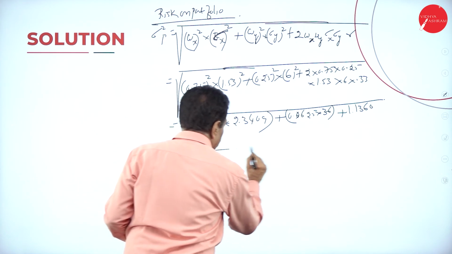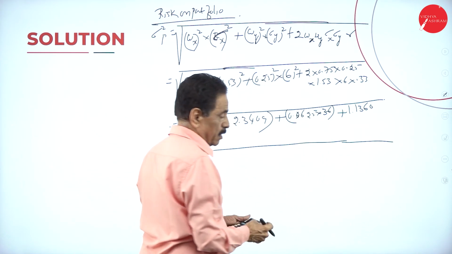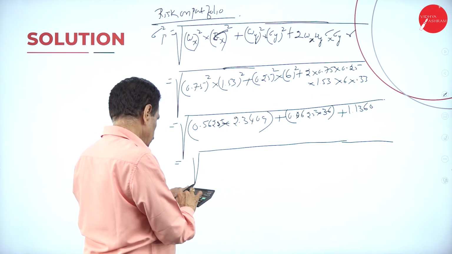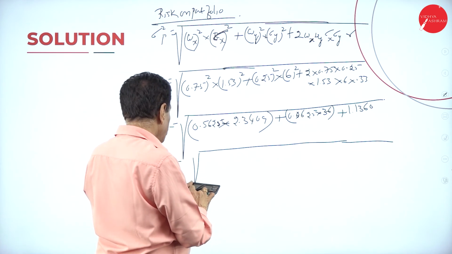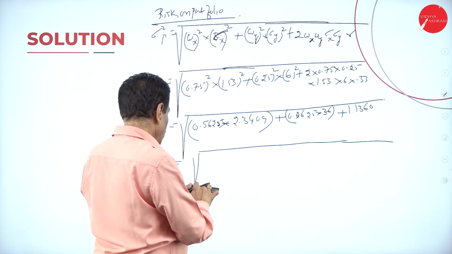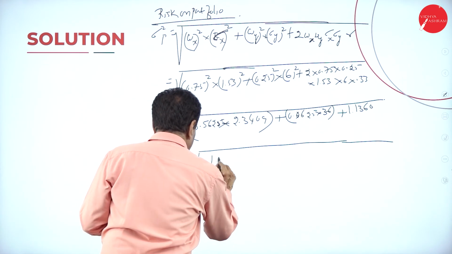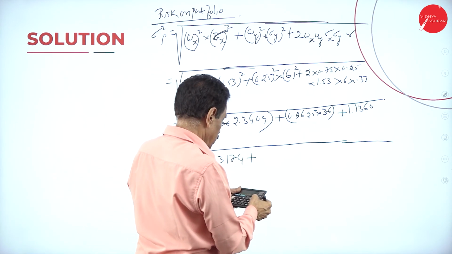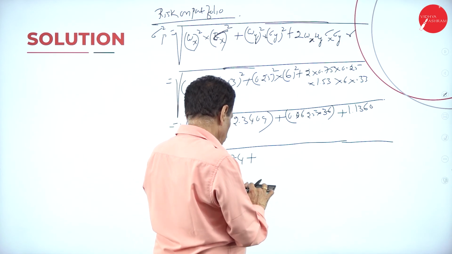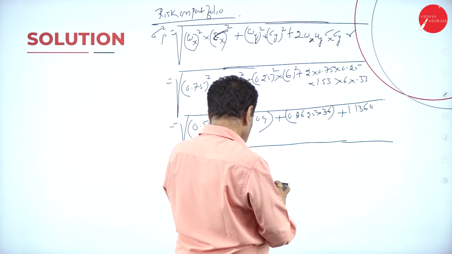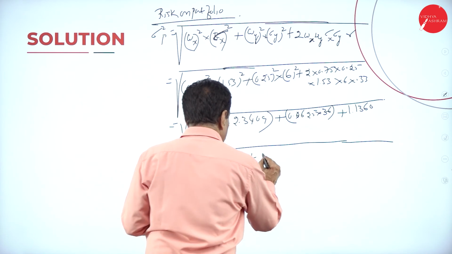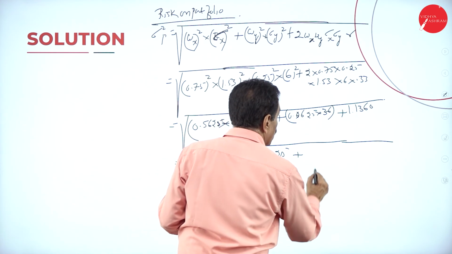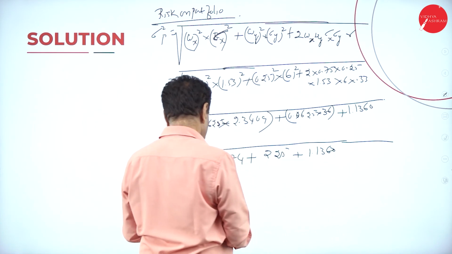Root of this: 0.5625 into 2.3409 is 1.3174, plus 0.0625 into 36 is 2.25, plus 1.1360.